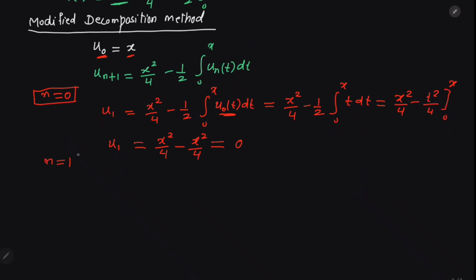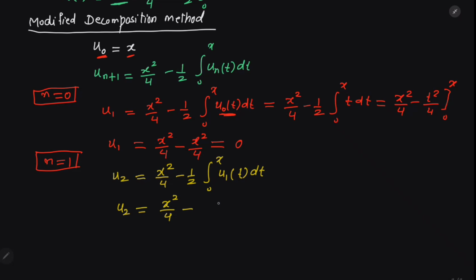Similarly, if we use n equal to 1, then we have u2 equal to x squared by 4 minus 1 by 2, integral 0 to x, u1 of t dt. Since u1 is equal to 0, x squared by 4 minus 0, so we get u2 is equal to x squared by 4.